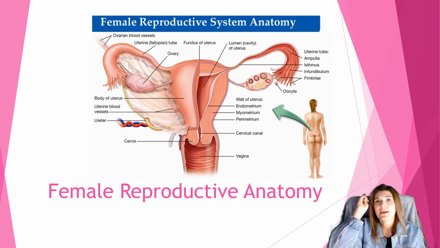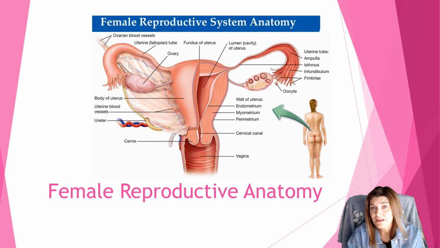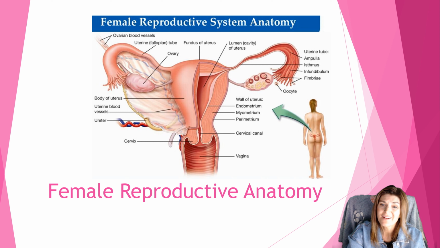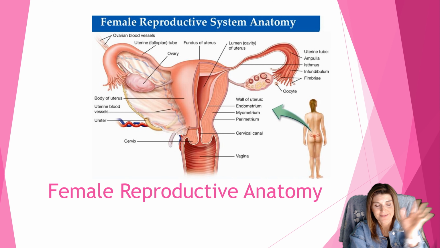That is deadly in every case for baby, and if we let it go too far, it's deadly for mom as well. So there are a lot of things that can happen in the process of reproduction that can be a bit scary, but there are also a lot of things that can happen good.